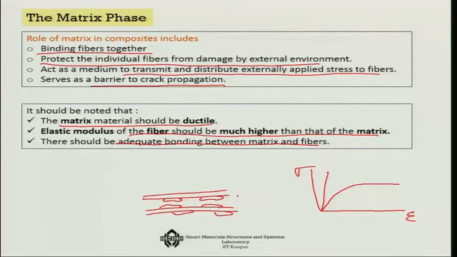This happens either when the fiber spacing is very low, or it happens due to the nature of the matrix that it cannot wet the fiber surface. So the contact angle matters in that case. In both cases, there will be debonding, and as a result the strength of the composite will drastically come down.